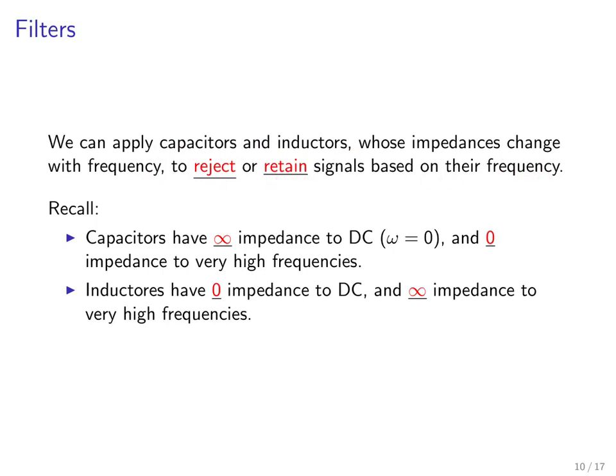That is, we can design some arrangement of capacitors, inductors, and resistors to reject or retain signals based on their frequency content. So, for example, if you have noise in one part of your overall spectrum of your input signal, but the signal you care about lives in a different part, then you can reject only the noise by designing an appropriate filter.